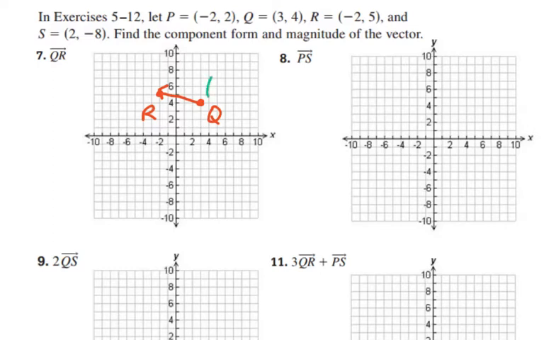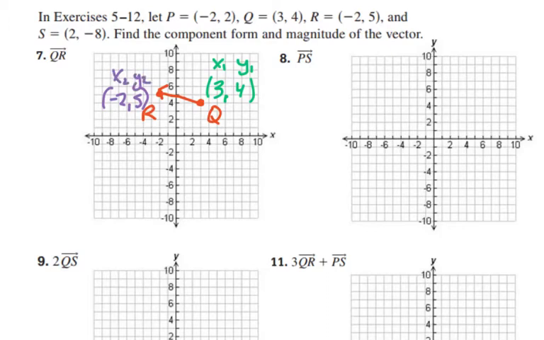So Q is 3, 4, and so that means that x1 and y1 are 3 and 4. And then R is -2, 5, and so that's going to be your x2 and your y2.